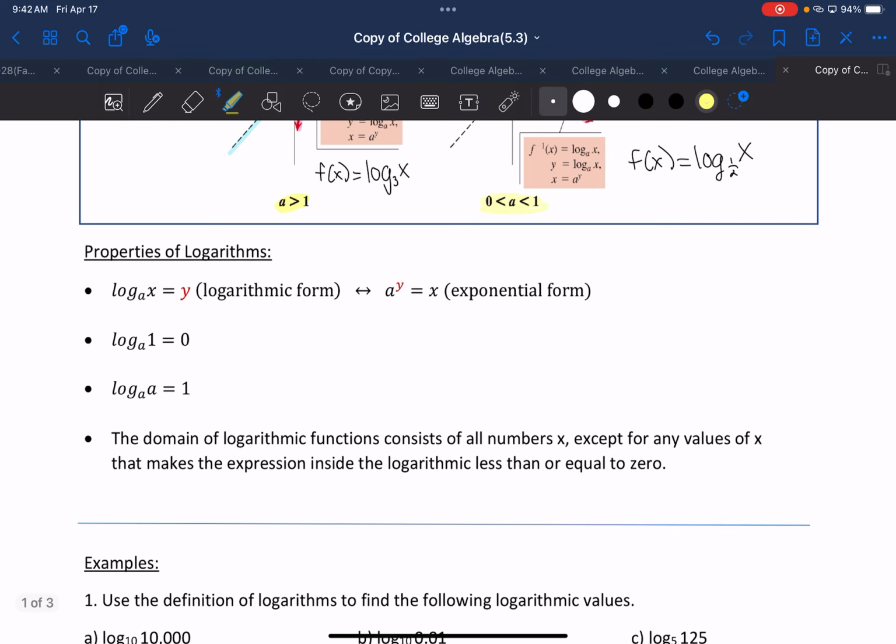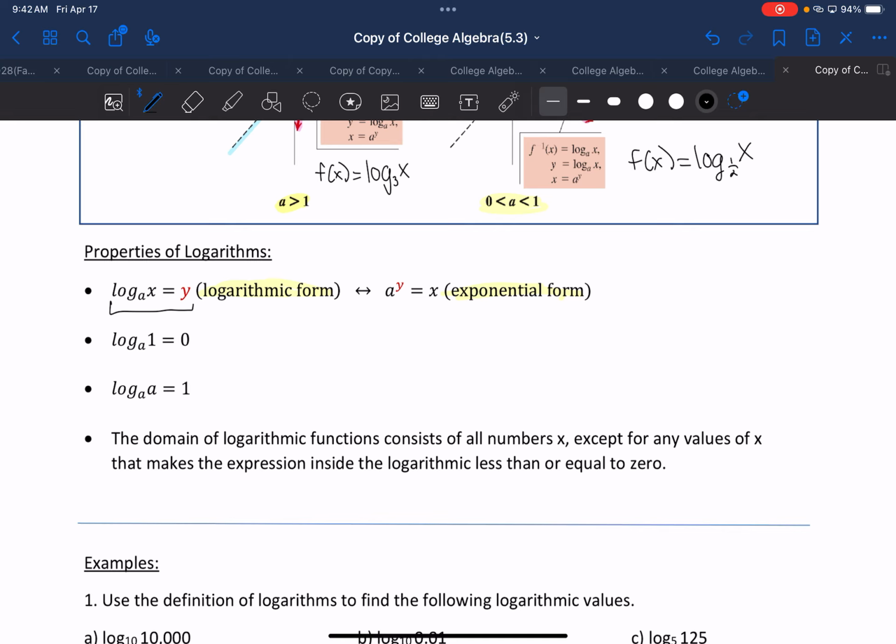It's how we can get from logarithmic form, which is right here, to its exponential form, which is right here. If we have an equation in logarithmic form, log base a of x is equal to y, I can rewrite that into an exponential form because the log is an exponent.